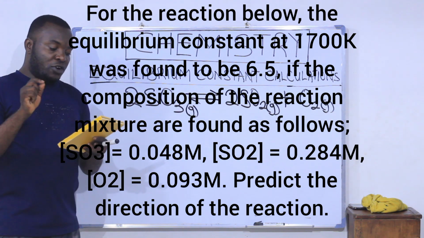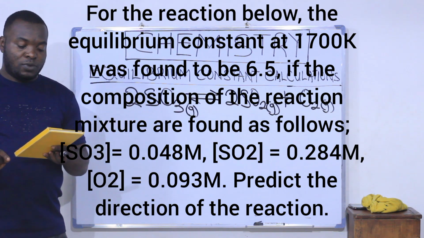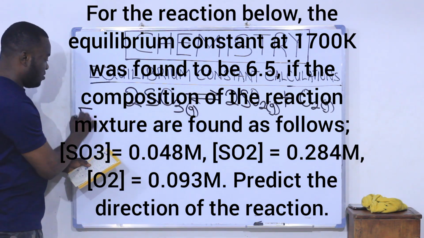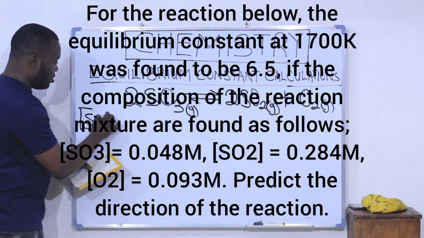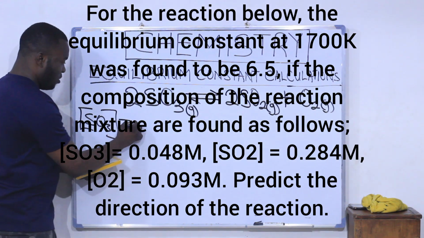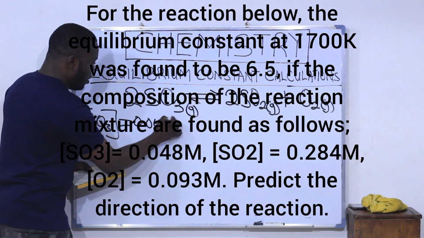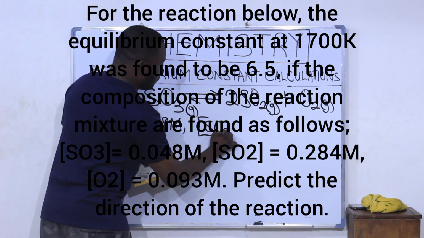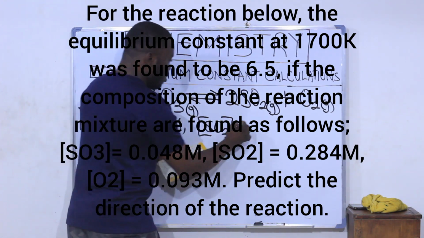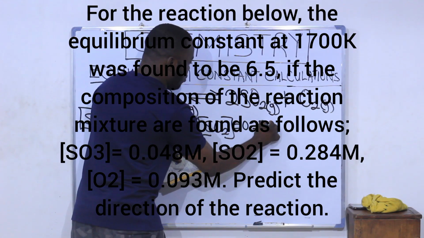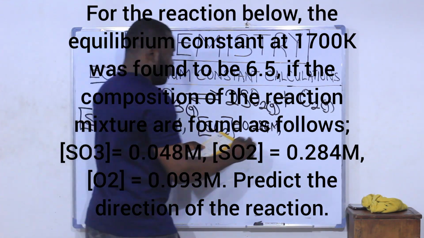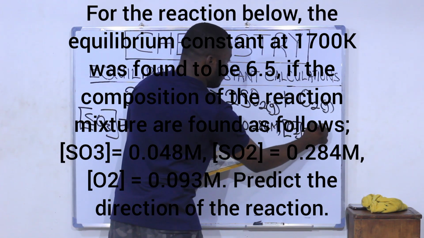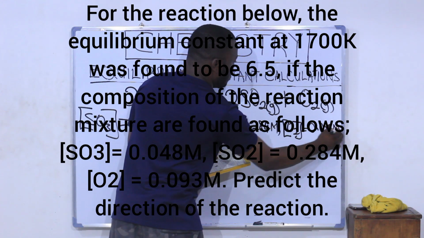If the composition of the reaction mixture is as follows, it is given: concentration of SO3 is 0.048 molarity, concentration of SO2 is 0.284 molarity, and concentration of oxygen is 0.093 molarity.